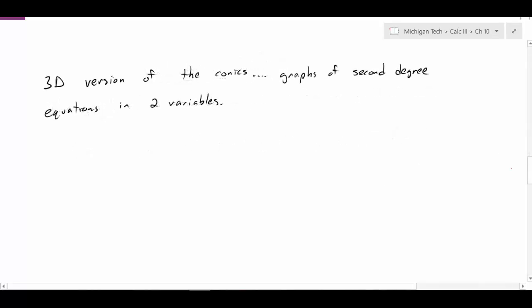Now, a way we can lead ourselves to the idea of quadric surfaces is by thinking of them as the three-dimensional version of the conics, the graphs of second degree equations in two variables. And so in two variables, we've looked at equations that had this form: ax squared plus by squared plus cx times y plus dx plus ey equals some number f.